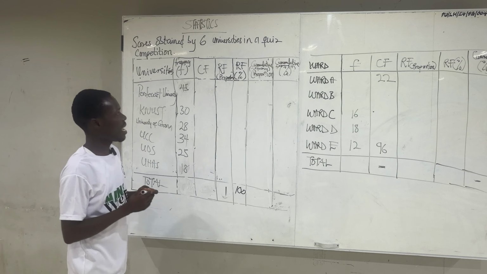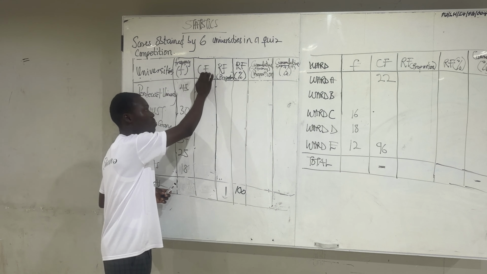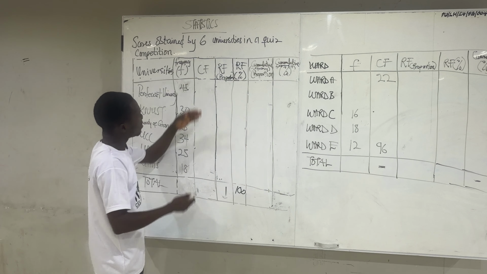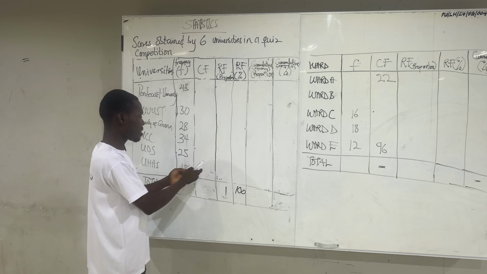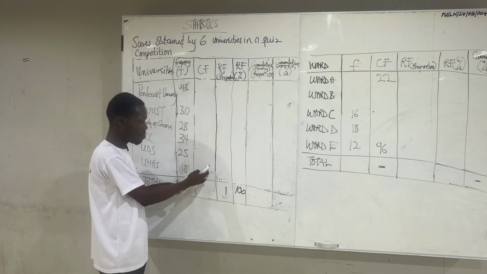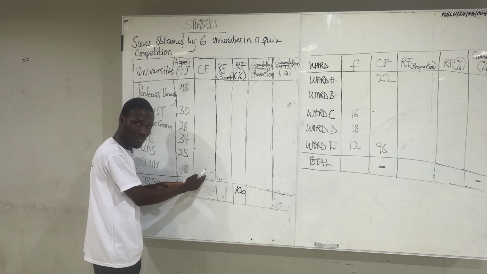Are you getting it? And the cumulative frequency, we don't have a total for it. But the cumulative frequency will always sum up to the total frequencies. That means that if I know this frequency, I can know the value here.